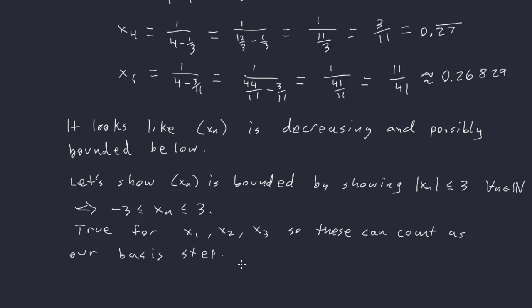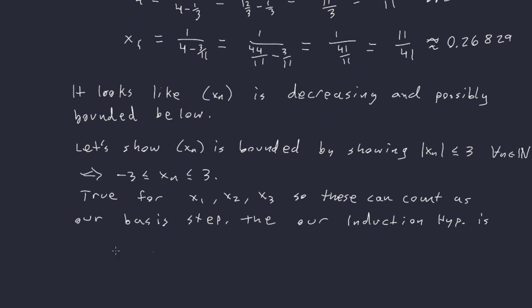And from here, our induction hypothesis, because for this we do have to use our good friend induction, is that we suppose that xn is trapped between -3 and 3 for some n in the naturals.